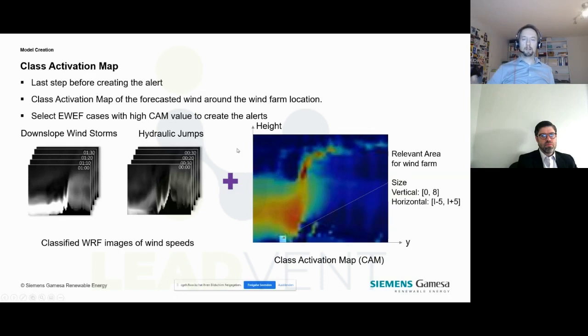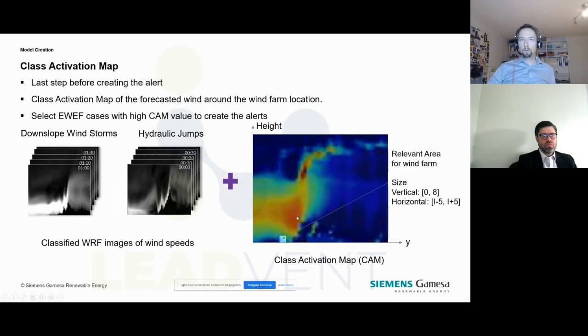And this is an additional filter step that we are applying after we got the probabilities for the complete images. Then we can use this technique of extracting the class activation map to see which areas of the predicted images are most relevant for coming up with the class. So let's assume this is one example of a downslope windstorm.